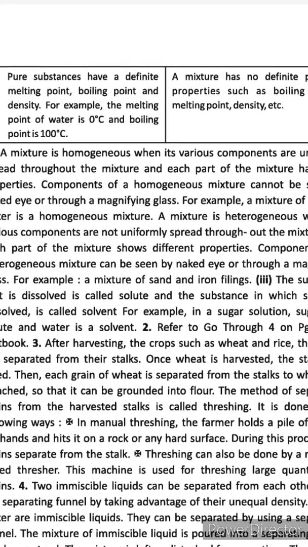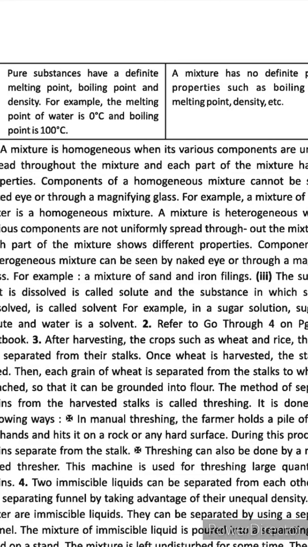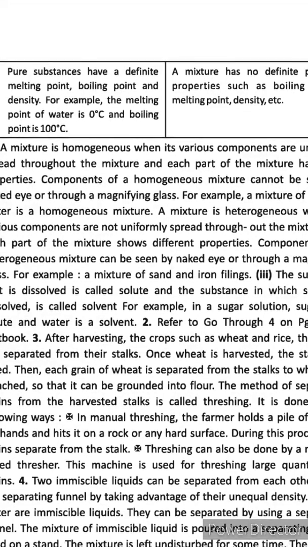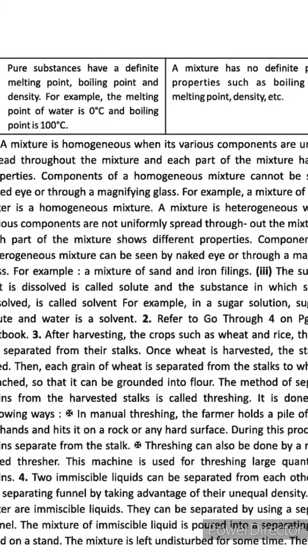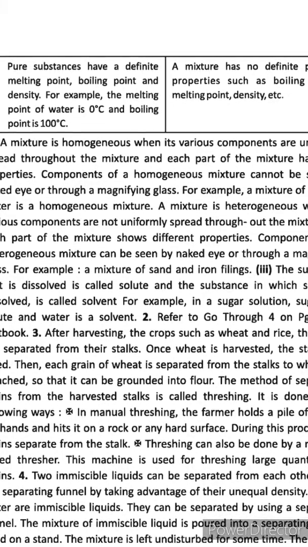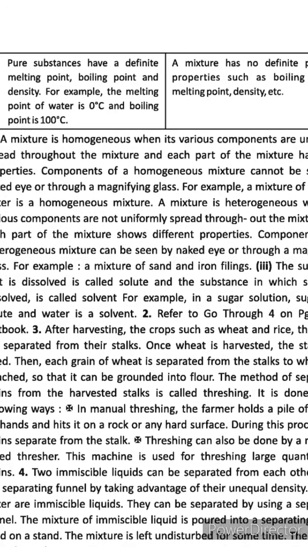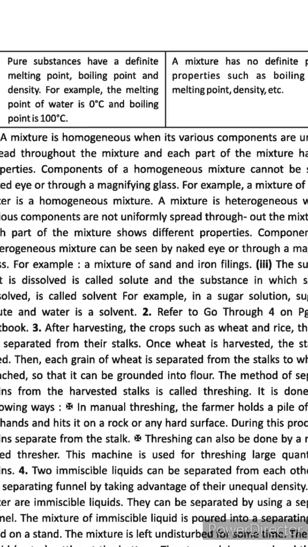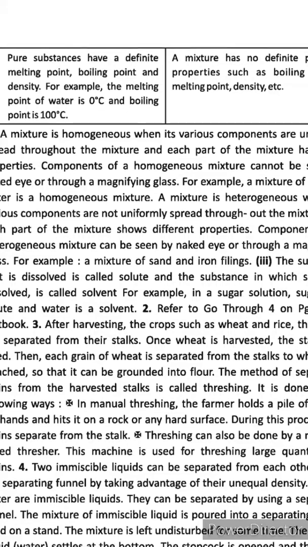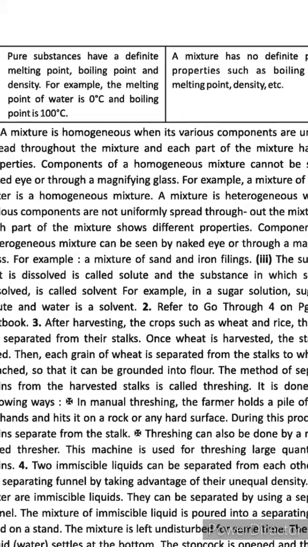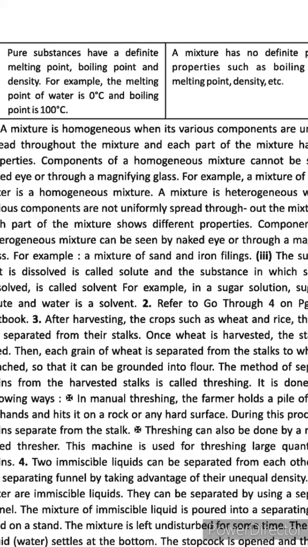Number 4, how are two immiscible liquids separated? Explain with a diagram. Two immiscible liquids can be separated from each other using the separating funnel by taking advantage of their unequal density. Oil and water are immiscible liquids. They can be separated by using a separating funnel.